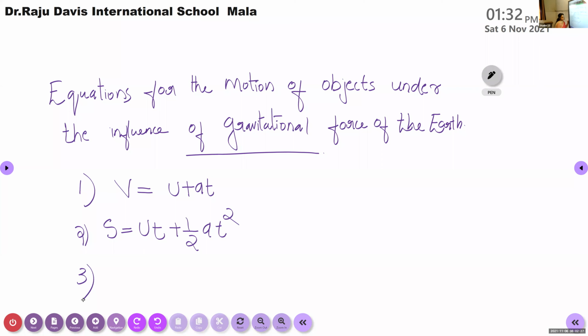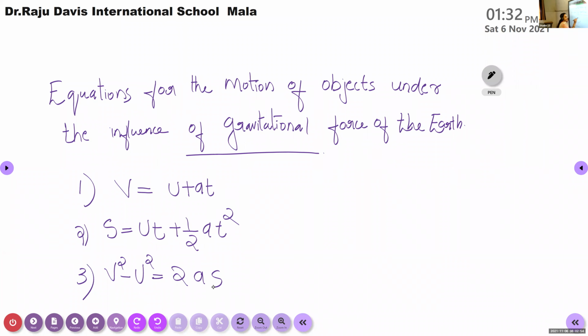So as Nandana said, the third equation of motion is v square minus u square is equal to 2as. Okay. So these are the three equations that we already discussed whenever we discussed the motion of an object along a straight line. But here in this chapter, we discuss the motion of an object under the influence of gravitational force of the earth.